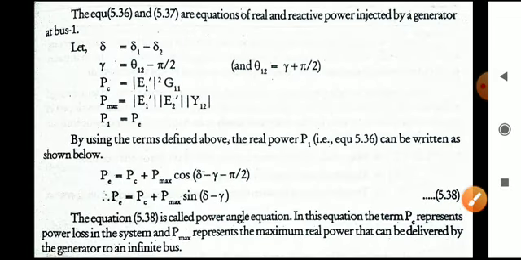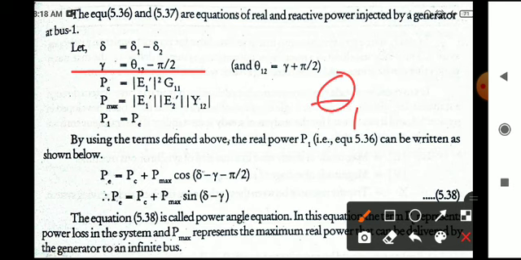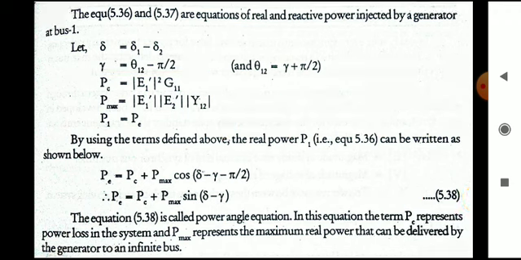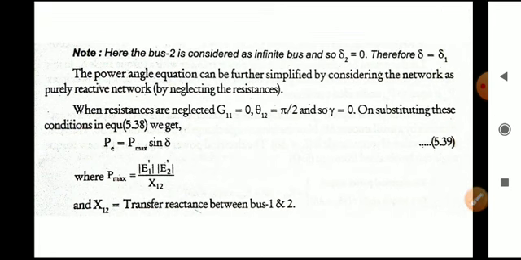Gamma is equal to theta 12 minus pi by 2, so if theta 12 is equal to pi by 2, then the value of gamma becomes 0.